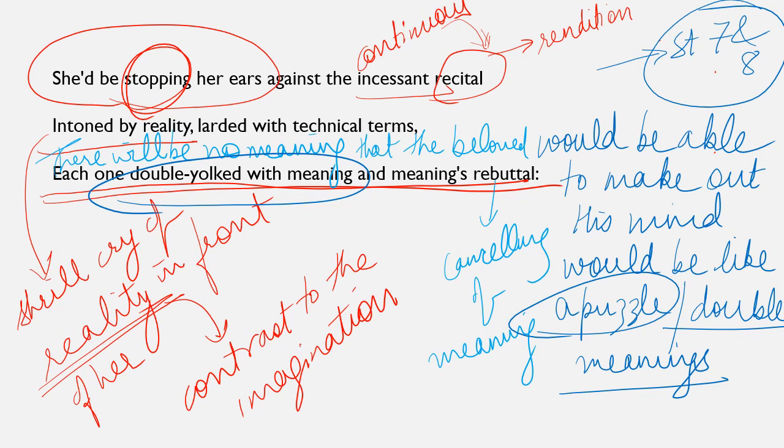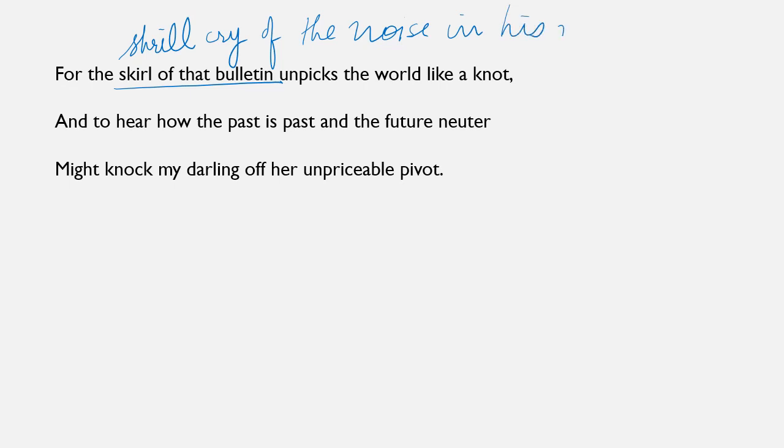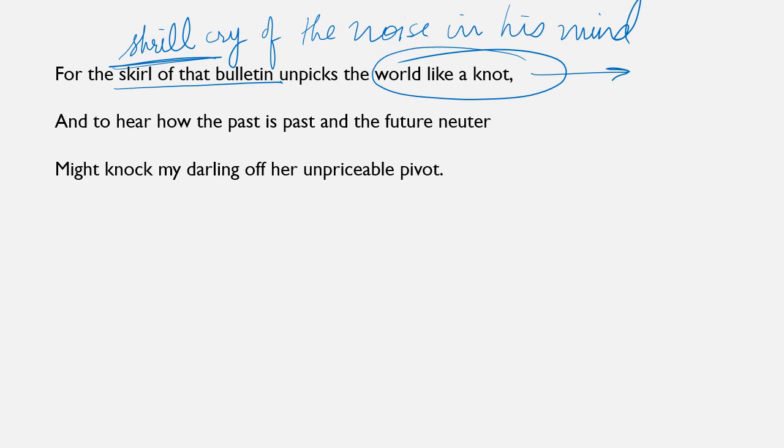And he says, for the skirl of that bulletin. Skirl of that bulletin means the shrill cry of the noise in his mind. The noise in his mind would be so shrill, इतनी तीखी आवाज उसकी होगी. And his word is like a knot. Knot का मतलब होता है गांठ.